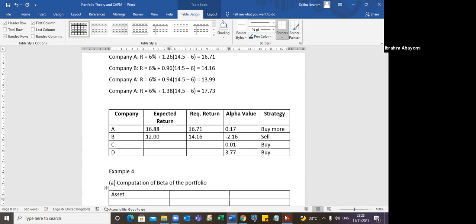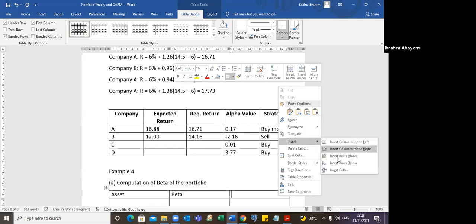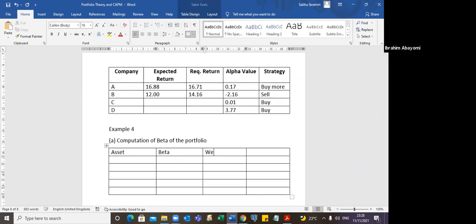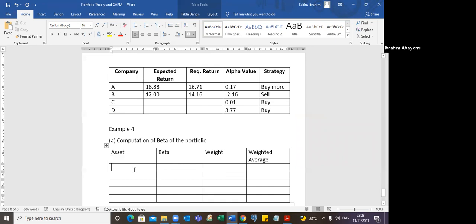Asset, beta, weight, weighted average. So we have assets A, B, C, D.